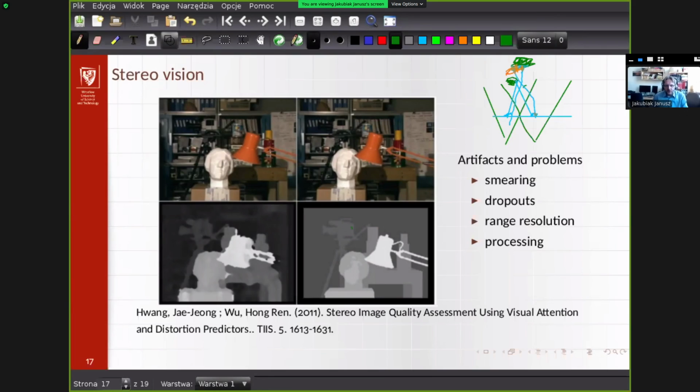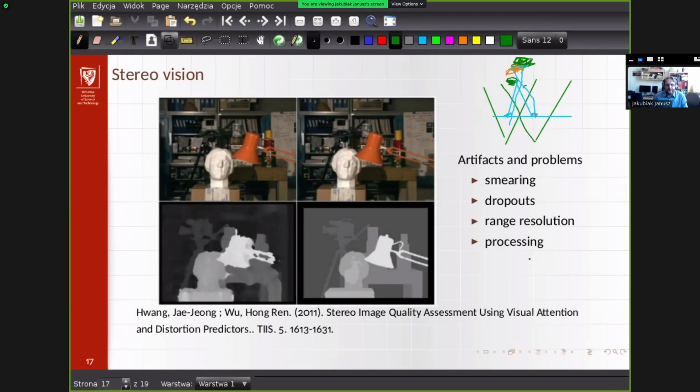So objects that are a little bit away but far from us may give you the same result in the approximation of the distance because of the drop of resolution.